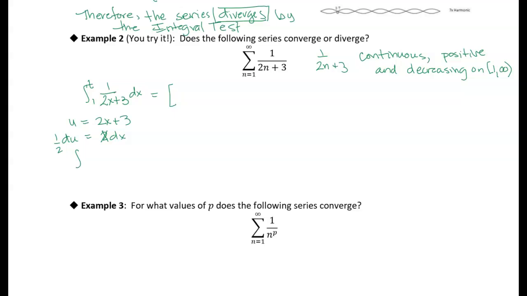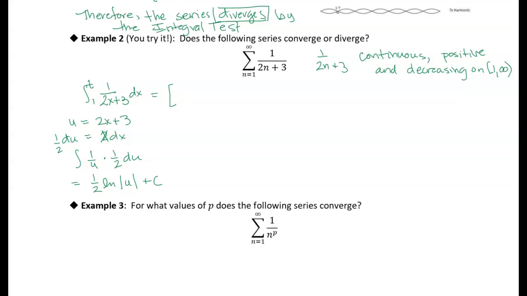Now I'm just going to do the indefinite integral first, and then worry about integrating from 1 to t. So I have 1 over u times 1/2 du, just by doing the substitution. And that gives me 1/2 natural log of u plus c. So that's my indefinite integral.